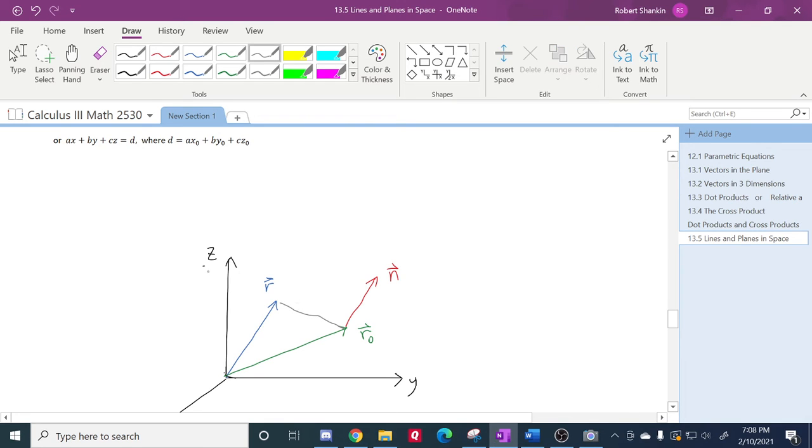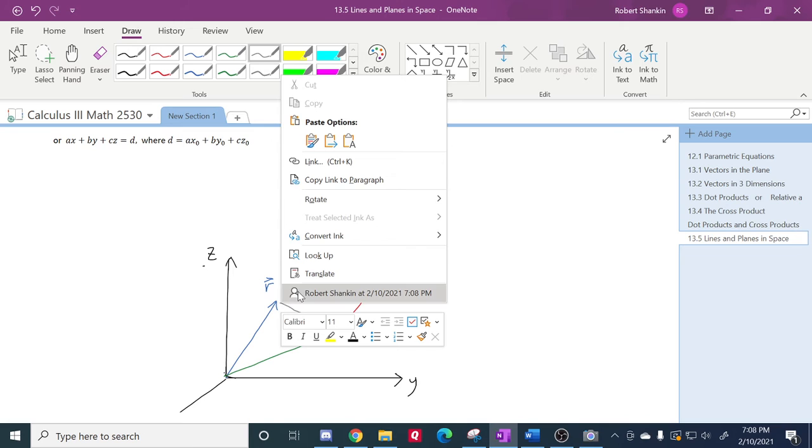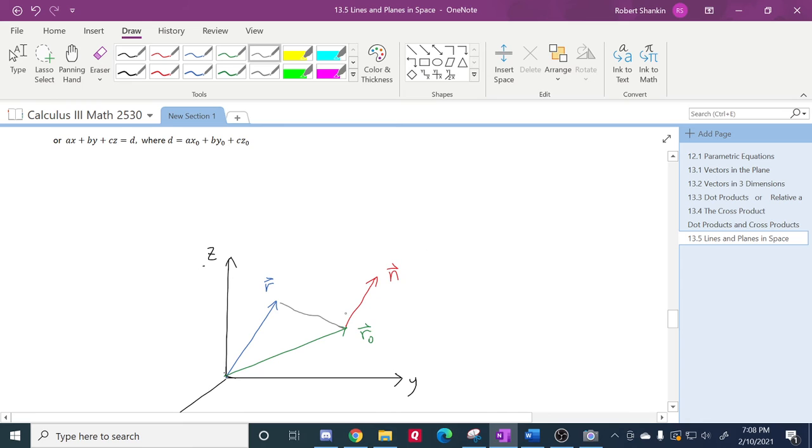The plane that I'm interested in is going to be the plane that contains all of this stuff, and it's going to also contain this vector.